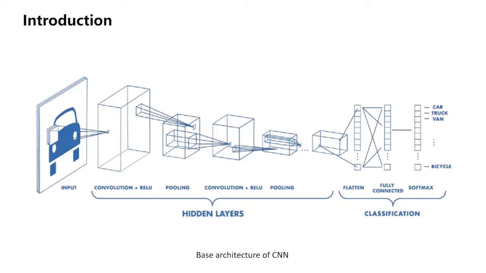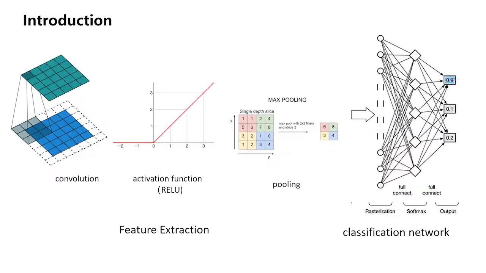CNN generally consists of convolution and ReLU layers, multiple convolution layers, pooling layers, a fully connected layer and an output layer. The convolution layer extracts the feature information from the input feature map.